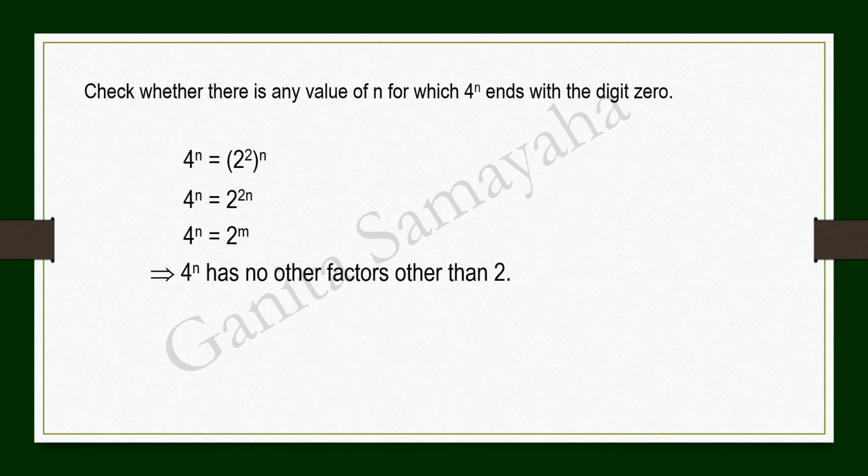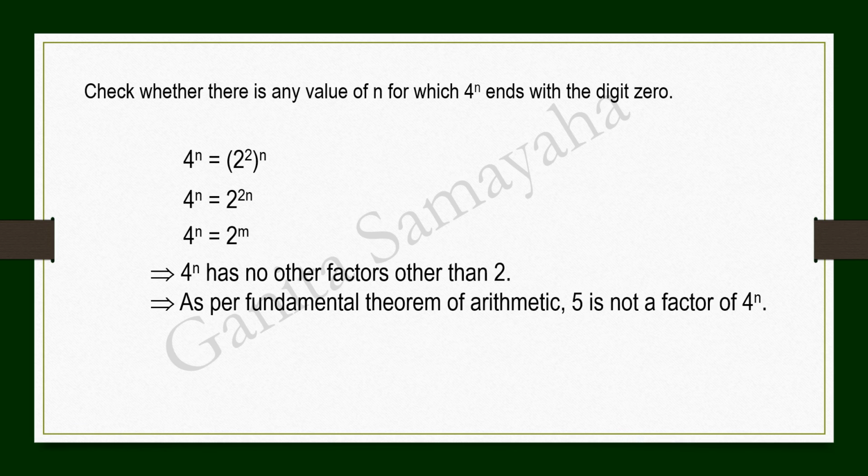Why are we talking about 5? 5 must be a factor for any even number to end with 0. Just now we have seen, though 2 is a factor, 5 is not a factor. Though this is an even number, it cannot end with 0 because 5 is not a factor. And why are we saying it so confidently?